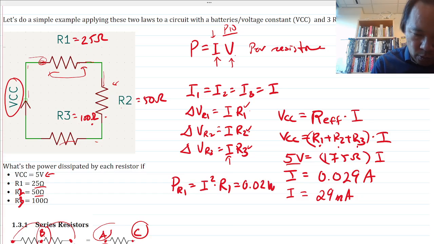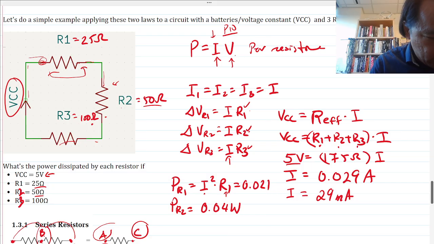the power dissipated here is going to be 0.02 watts. Power dissipated by R2, since you have double the resistance and the same current, is going to double the power dissipated. Actually, I'm going to do one more sig fig. It's 21 milliwatts, so this is going to be 42.